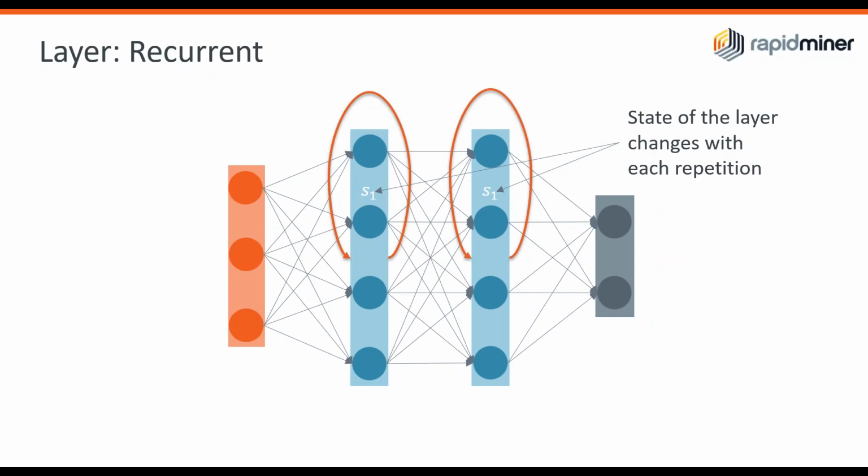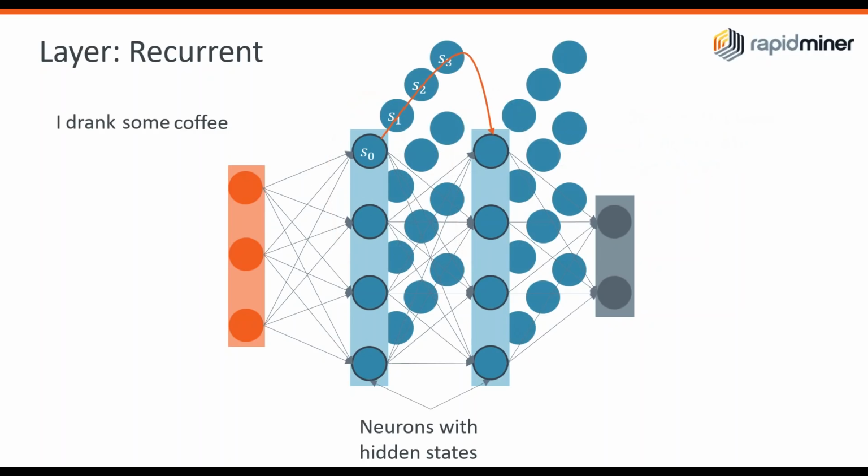So let's look at this a bit differently. This is the same concept. I just wanted to highlight it from two sides, so this might help a bit. Here we have one data point, one phrase: I drank some coffee. Now I'm feeding it into the network.